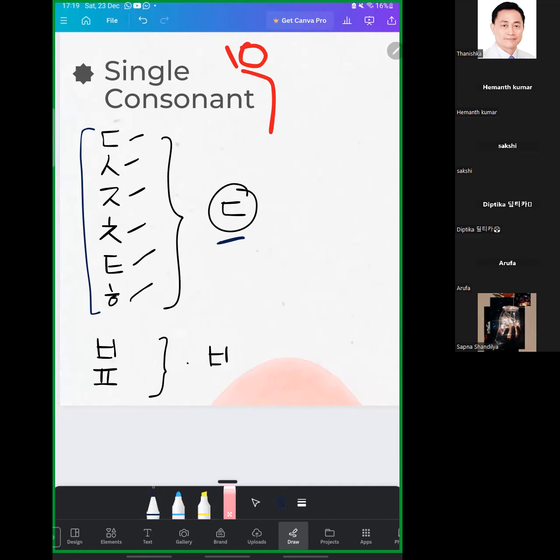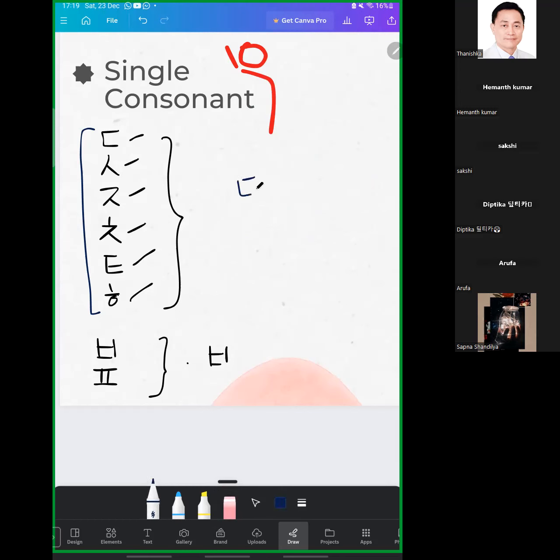So this is also pronounced at. This is also pronounced at. This will also be pronounced as at. So all these letters, when they come as a final consonant in the end, have this sound. Okay?